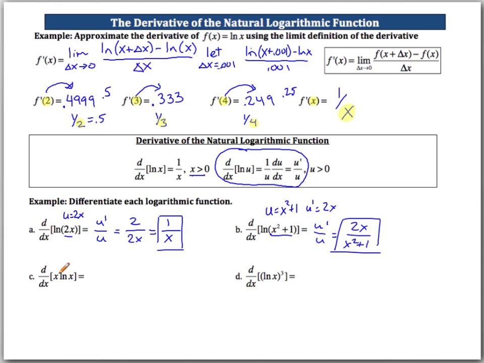Well, in this case, this is a product. So we are going to have to use the product rule, which remember is 1d2 plus 2d1. So the first function is x times the derivative of natural log of x, and then plus the second function, which is ln of x, times the derivative of x. Okay, so just a little bit of product rule there for you.